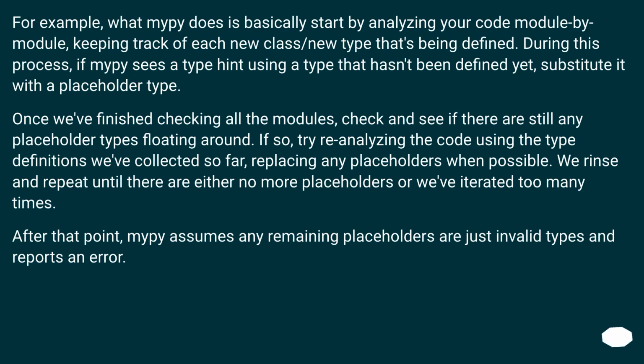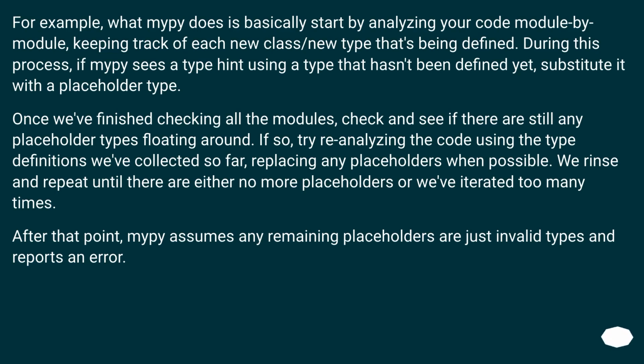For example, what mypy does is basically start by analyzing your code module by module, keeping track of each new class/new type that's being defined. During this process, if mypy sees a type hint using a type that hasn't been defined yet, substitute it with a placeholder type. Once we finish checking all the modules, check and see if there are still any placeholder types floating around.